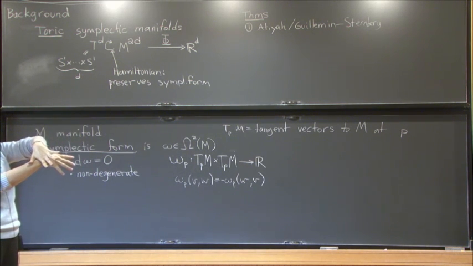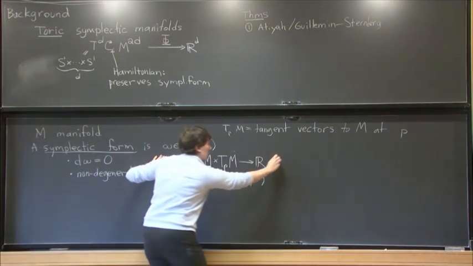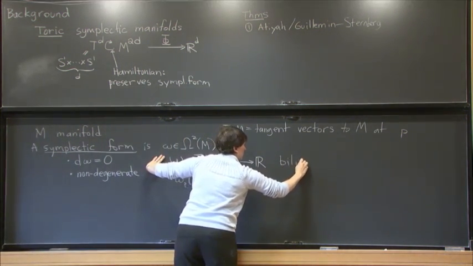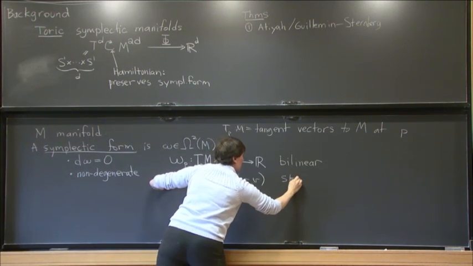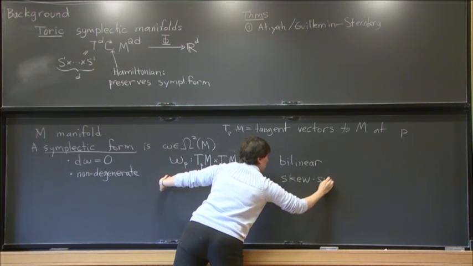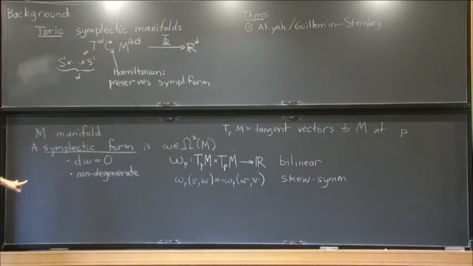And this is a bilinear form. It's skew-symmetric and non-degenerate. Non-degenerate means that for any non-zero vector, I always have a buddy so that I pair non-zerally.